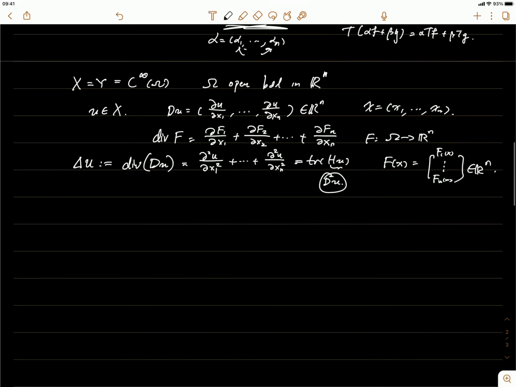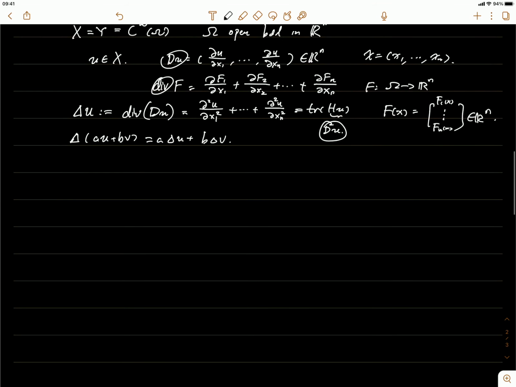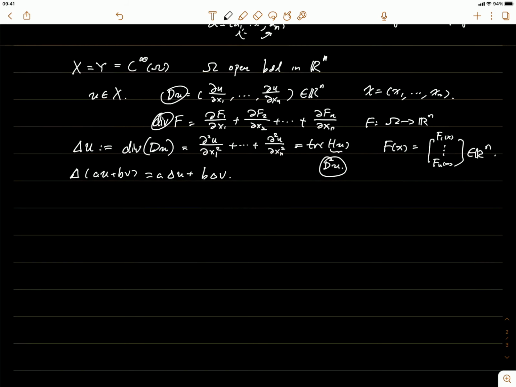You have the Laplacian of u. Okay, so that's a linear operator. As you can see, the Laplacian of au plus bv is just a Laplacian u plus b Laplacian v, because all these operators are linear. So you eventually get a composition of linear operators, and you get a linear operator in the end.